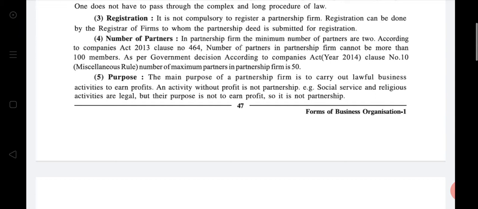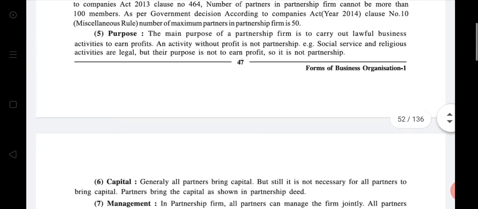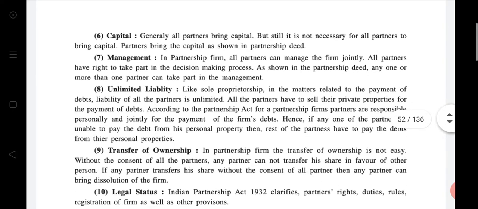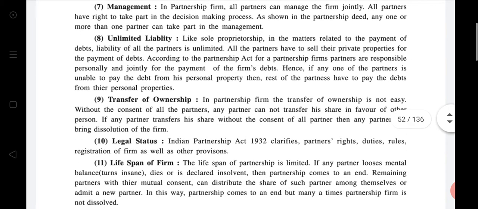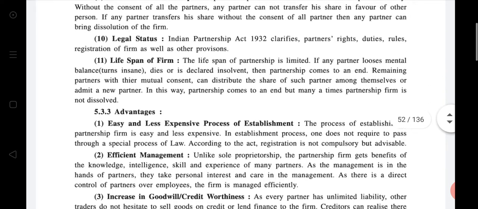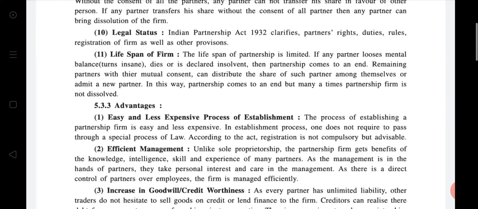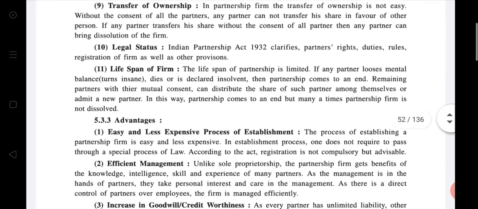That is 2, and the maximum is 100 as per clause number 464, and 50 as per the clause number 10 miscellaneous rule. Then purpose, capital, management, unlimited liability, transfer of ownership, legal status, and lifespan of the firm. Clear?